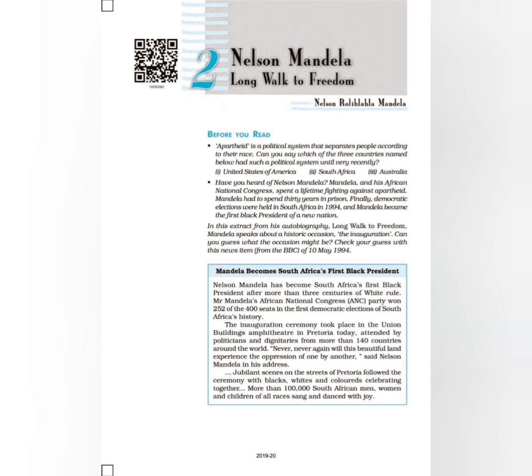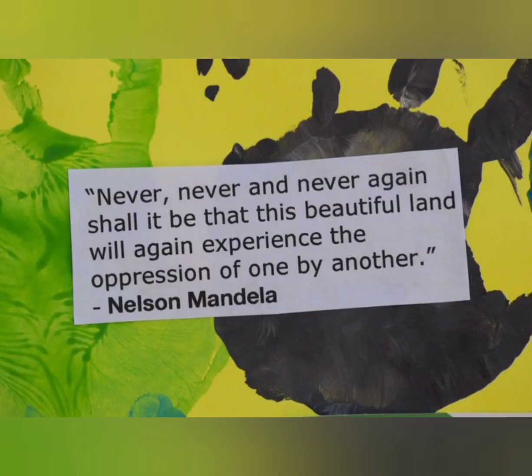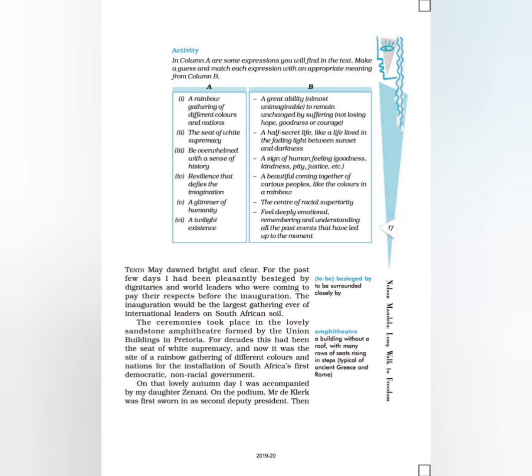"The 10th of May dawned bright and clear." The date is the 10th of May. He saw that the day dawned in a bright and clear manner. Before the 10th of May, for some centuries, they did not have a bright day. Bright means they were in the dark, in confusion.